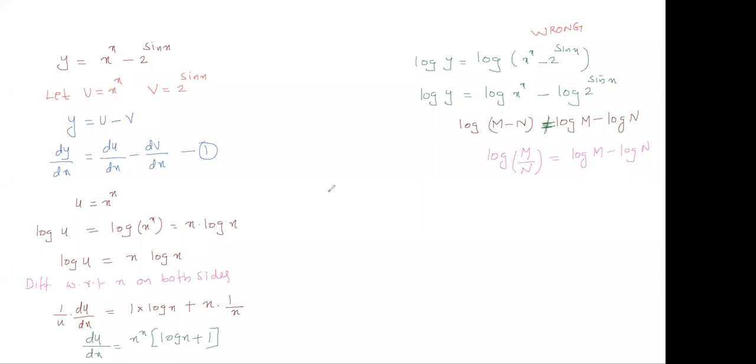Similarly, you have to find the value of dv by dx. So v is equal to 2 to the power sin x. Take logarithm on both sides. So log v is equal to logarithm of 2 to the power sin x.